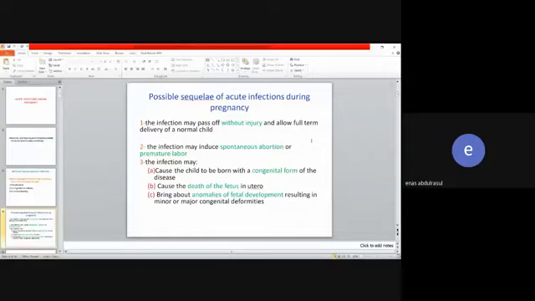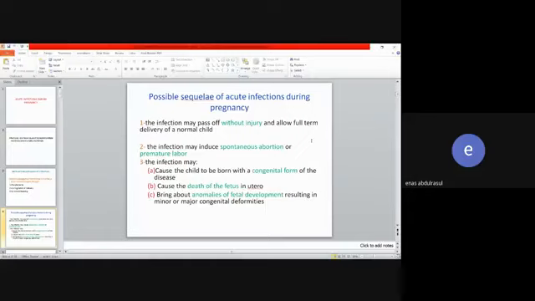Either the infection may pass off without causing injury and allow term delivery of a normal child, or it may lead to fetal loss before 24 weeks gestation, that is to say spontaneous miscarriage, or it may lead to premature birth, that is to say delivery before 37 weeks gestation. Or it may cause the fetus or the infant to be born with the congenital form of the disease, which we will explain in the next few slides.